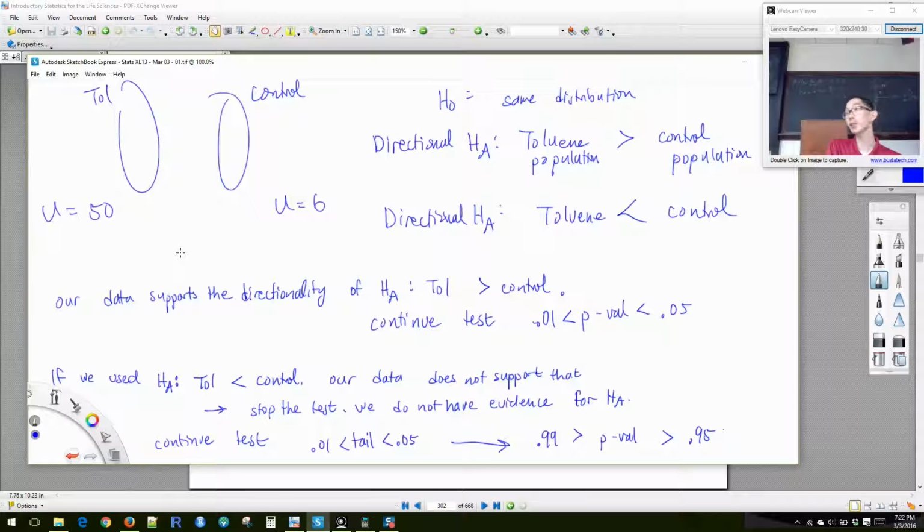They could be equal, and then you would have no evidence to support the alternative. But maybe you get U equal to, I don't know, 39, and U over here is like 27 or something like that. Even still, this supports the notion that the toluene is greater than the control, rather than toluene is less than control.